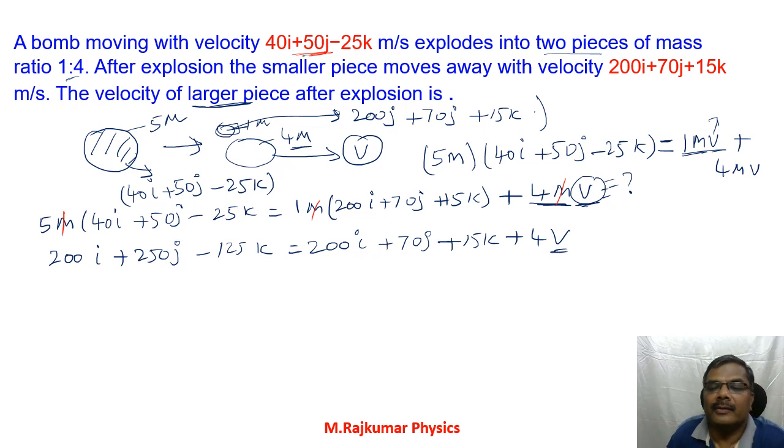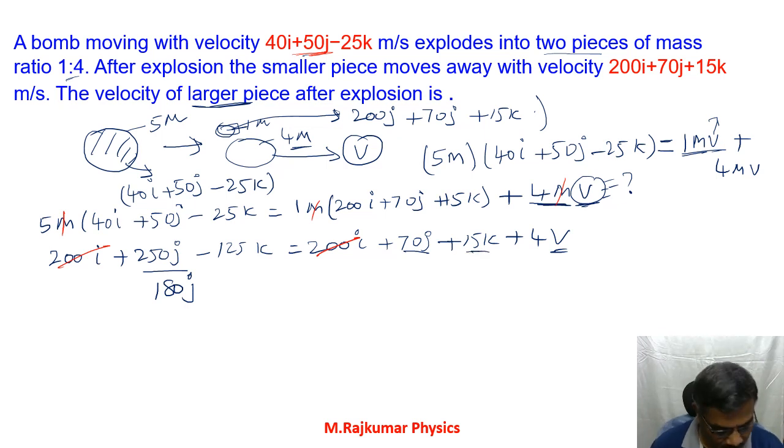We have to find this v only. Here the 200i and 200i cancel out, and 250j minus 70j will become 180j. And for k, minus 125 minus the plus 15, when it comes to this side, will become minus 15.